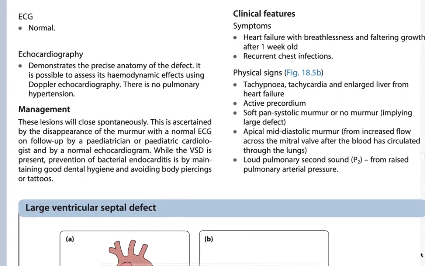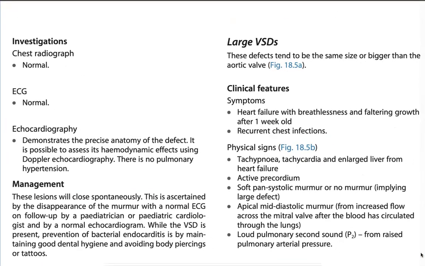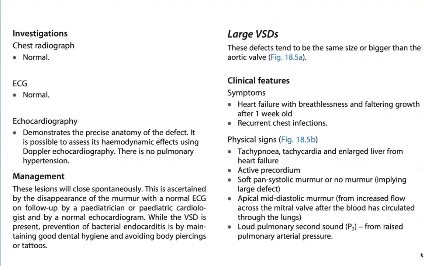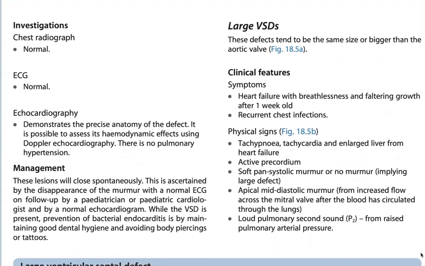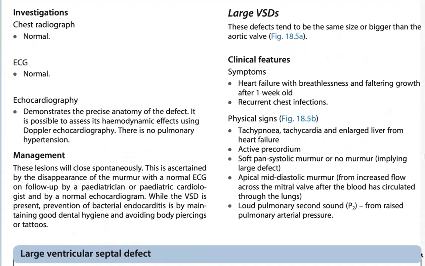Very large defects are mostly the same size as the aorta, with the clinical features of heart failure, often treated after a long period, with recurrent chest infections. Treatment is aimed at the failure.